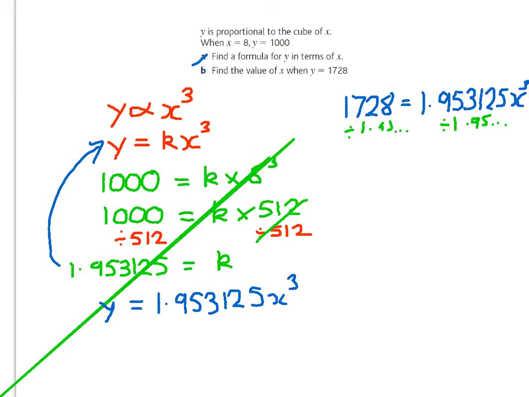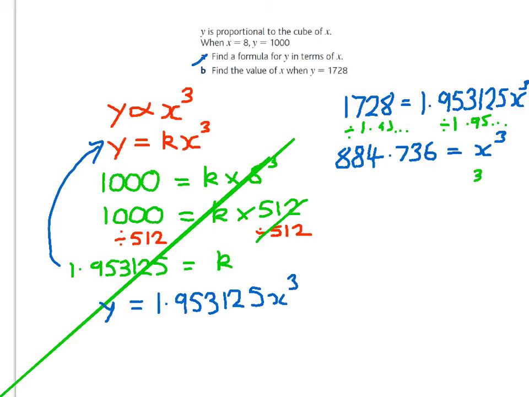If I do that, again, I'm going to need a calculator here. That gives me 884.736, and that equals x cubed. So the opposite of cubing something is to cube root it, so that's going to be my final step.